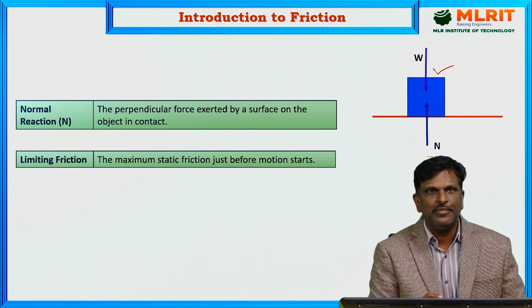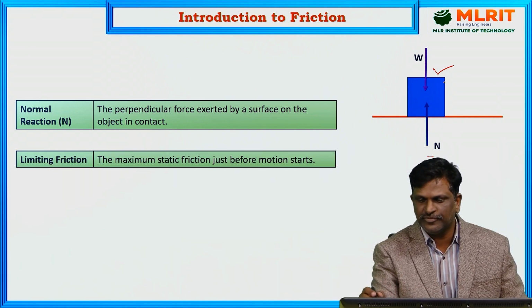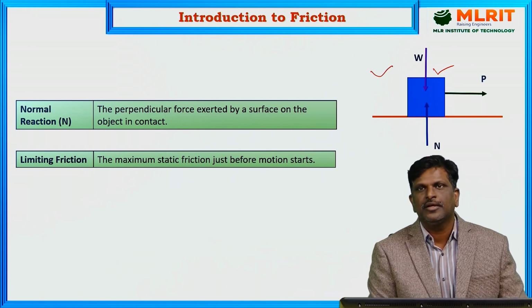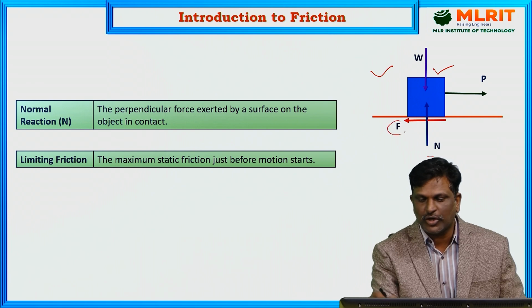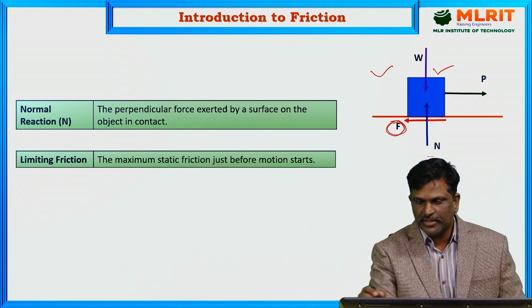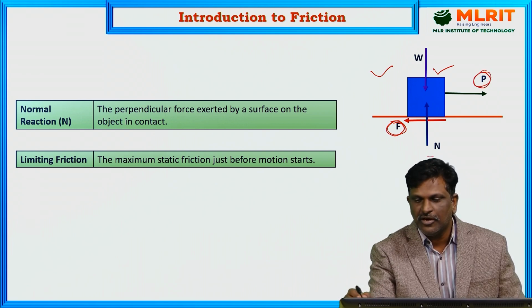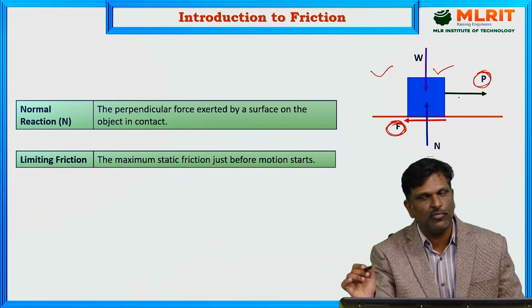Then, limiting friction. When this same body is subjected to a force, then the friction comes into play at the contact surface. If the friction is more than the applied force, the body will be at rest. Or in other words, if the applied force is not sufficient to overcome the friction at the contact surface, then the body will be at rest.